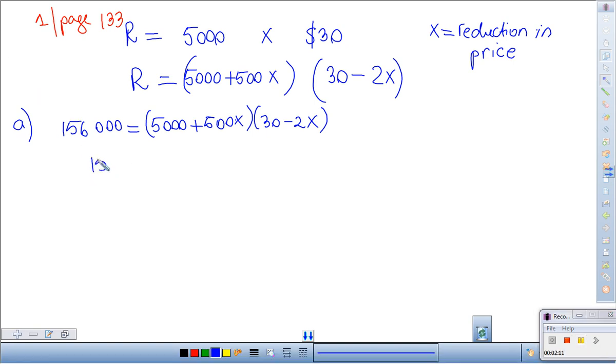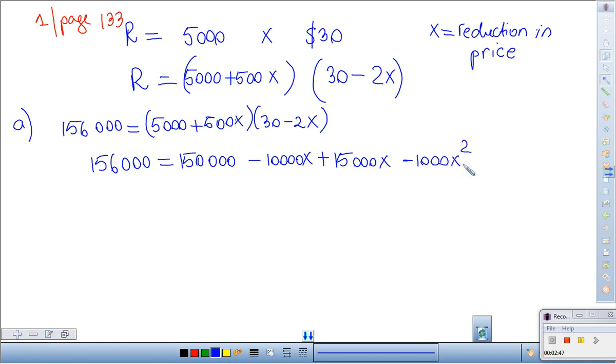So 156,000 equals 3 times 5 is 15. So 150,000 minus 10,000X plus 30 times 500 is 15,000X minus 1,000 X squared.